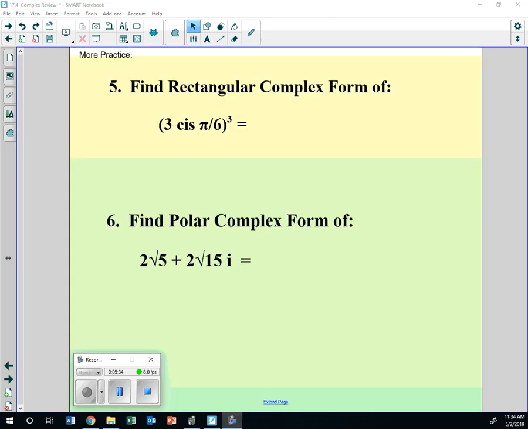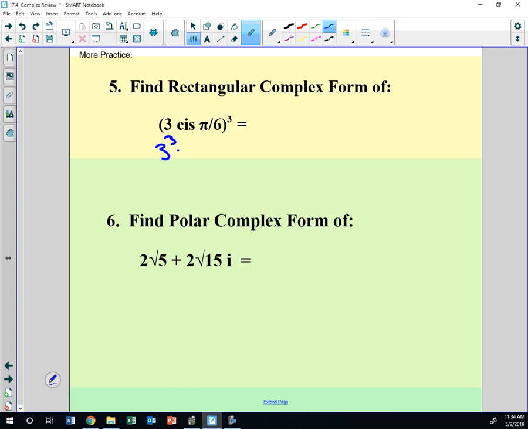Let's go through these and see how you did. I bet things went pretty well. This is in cis form, so it's easy to take the power. You go 3 to the third times cis pi over 6. How do you handle that cube? Times 3, okay?